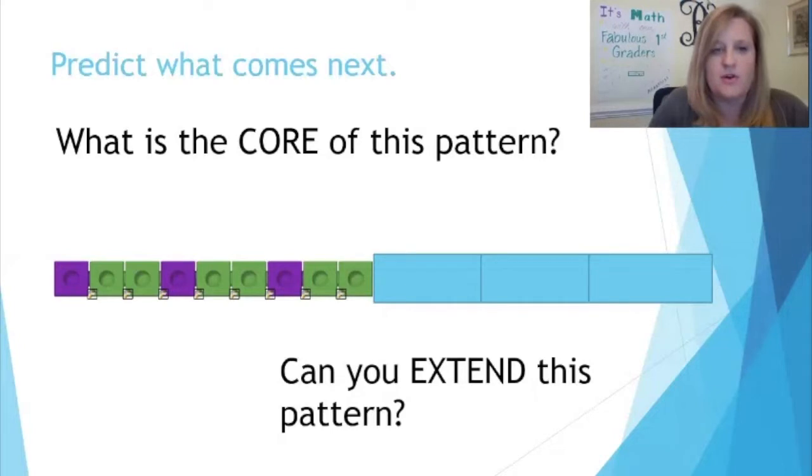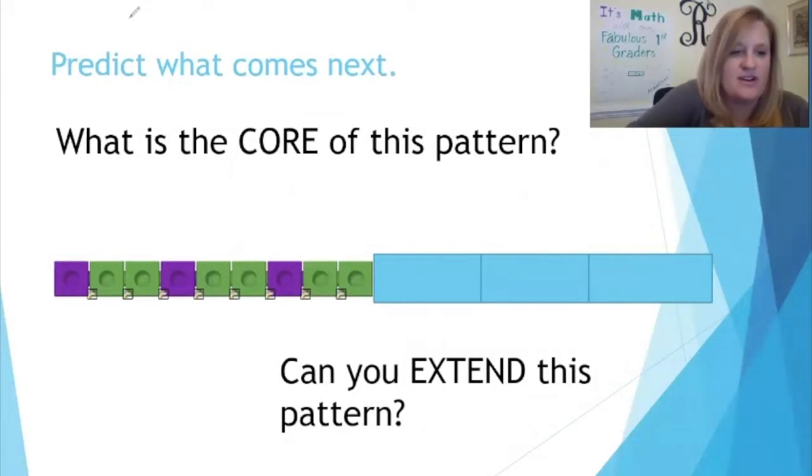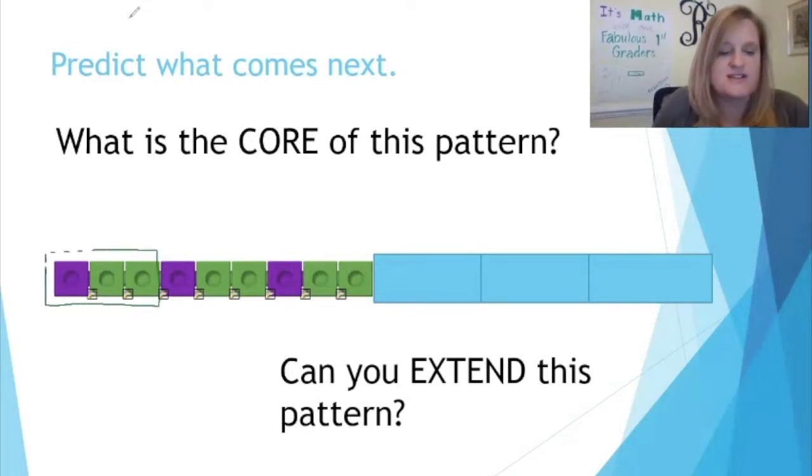Can you tell me what the core of this pattern is? Let's look. I want you to take your finger on the computer and trace around the core. Did you trace around the first three colors, purple, green, green? You're right, that is the core of this pattern.